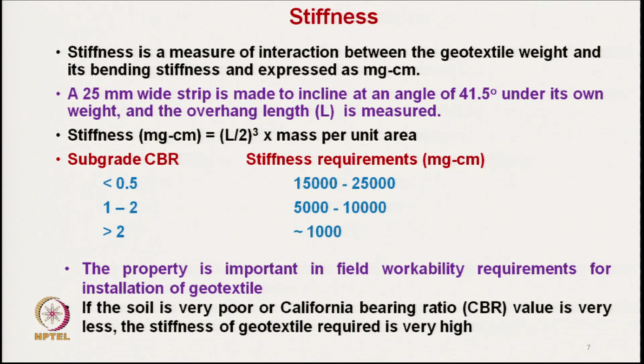But on the other hand, if we use hard subsoil, with CBR more than 2, in that case we can have geotextile with lower stiffness, like around 1000 milligram centimeter. So, this way we have to select the stiffness. For soft subgrade we always select the stiffer geotextile. For example, we may use heat bonded non-woven fabric, or sometimes we use a combination.